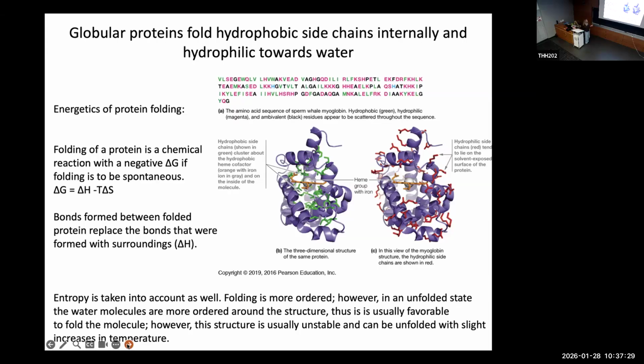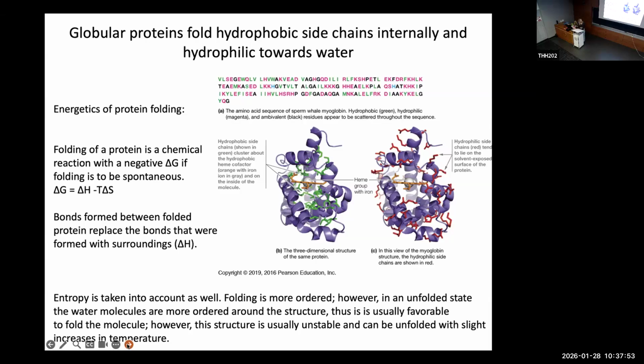So if you look at a sequence of a protein, this is a long protein, are the green amino acids hydrophobic or hydrophilic? One letter codes here. Those are hydrophobic. So the greens are hydrophobic and the reds are hydrophilic.